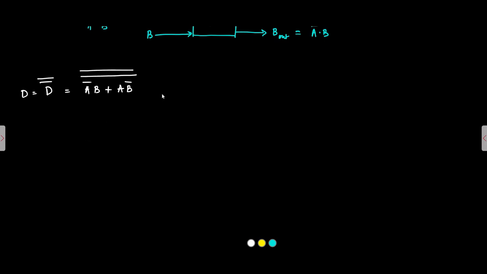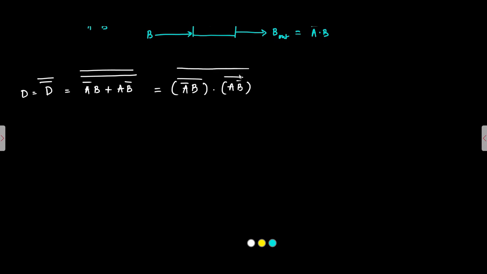So now we'll apply De Morgan's theorem to the innermost portion, okay, here the lower portion. So it is A bar B whole complement and A B bar whole complement, and then we have another upper complement here.